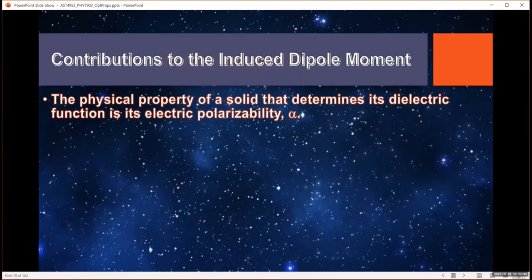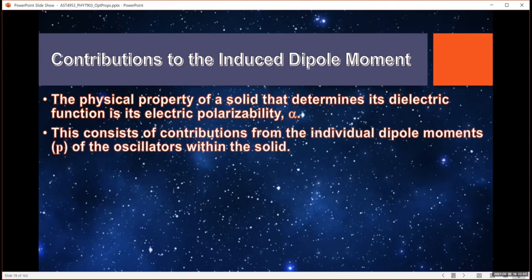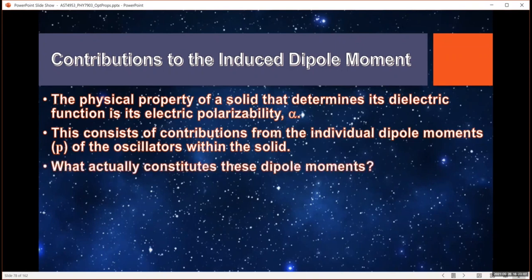We've talked about how the dielectric function is derived from the polarizability of the material, but I want to talk about what actually contributes to the induced dipole moment that is the cause of this interaction of light and material. So we can think of it as there being different dipole moments in a solid. They're going to be coming from three different components.